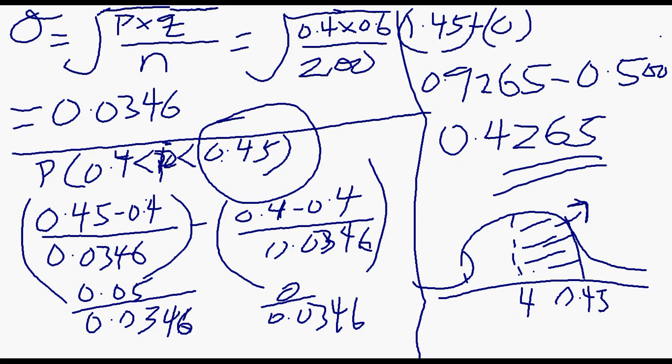So the final answer was 0.4265, right? Let me use the word plots on the bell shape. The region that you shaded represents the 0.4265.